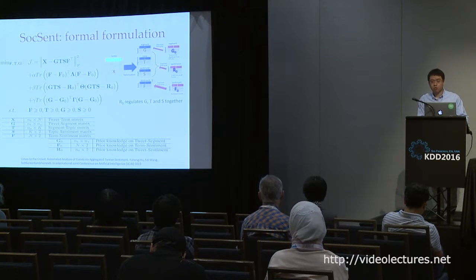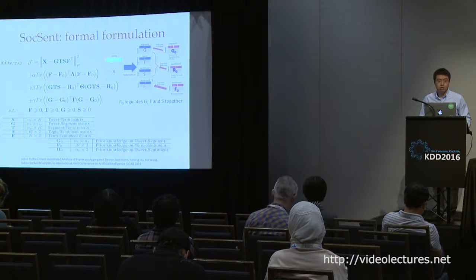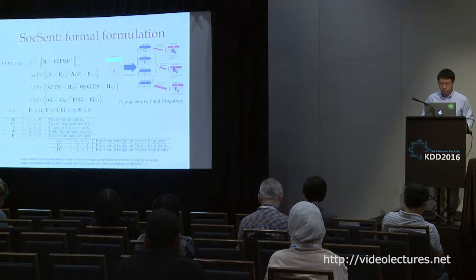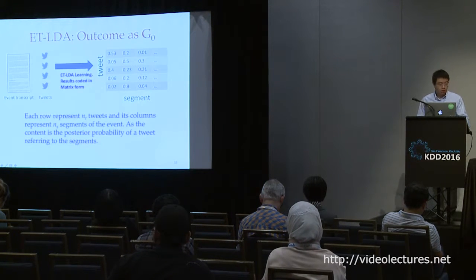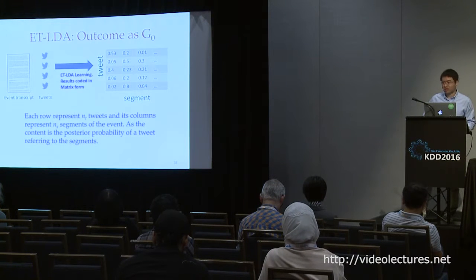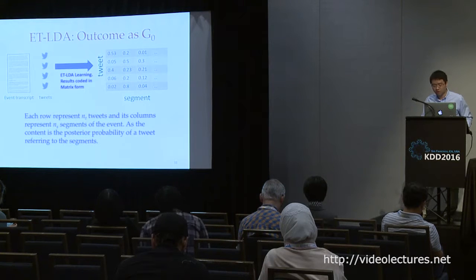We model this factorization process as an optimization problem, and we want to minimize the reconstruction error. We denote the prior knowledge G0, R0, and F0 here to regularize G, T, S, and F. So let's look in detail at what is going on in this prior knowledge.